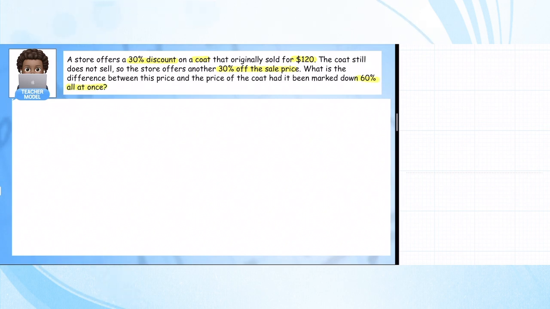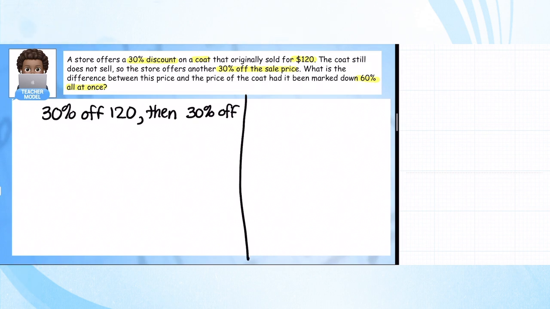Okay, so let's think of the story. They took 30% off 120 and then they took another 30% off. That's for one story. The second one is, what if they just did 60% off all at one time? What's the difference in price? So I'm going to do the one on the right side first because it's a little easier. We've done this work a few times.